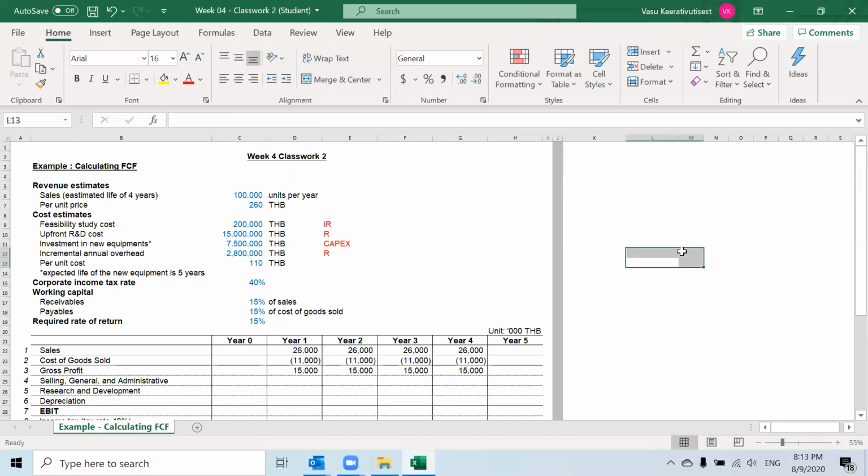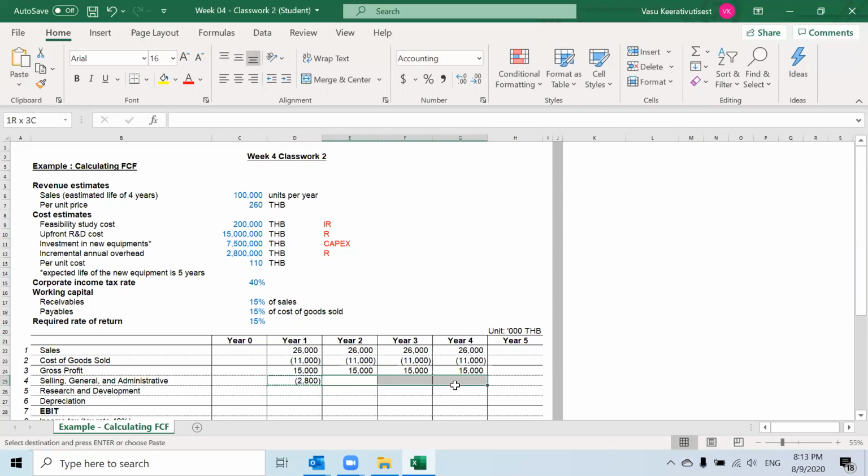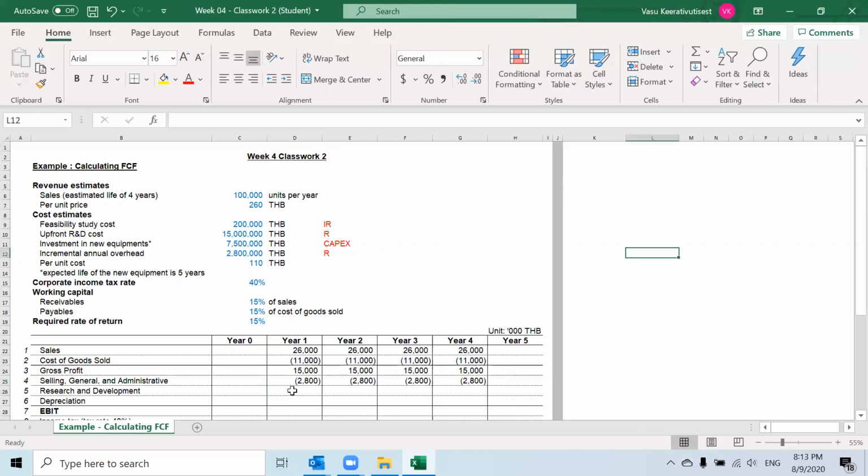In real life, you will see that there are several costs, so you need to distinguish among them which one is relevant, which one is irrelevant, and which one is capital expenditure. Based on this case, you put it here, F4, divided by 1000. So right now you know that this is your incremental annual overhead, and you use this one already.